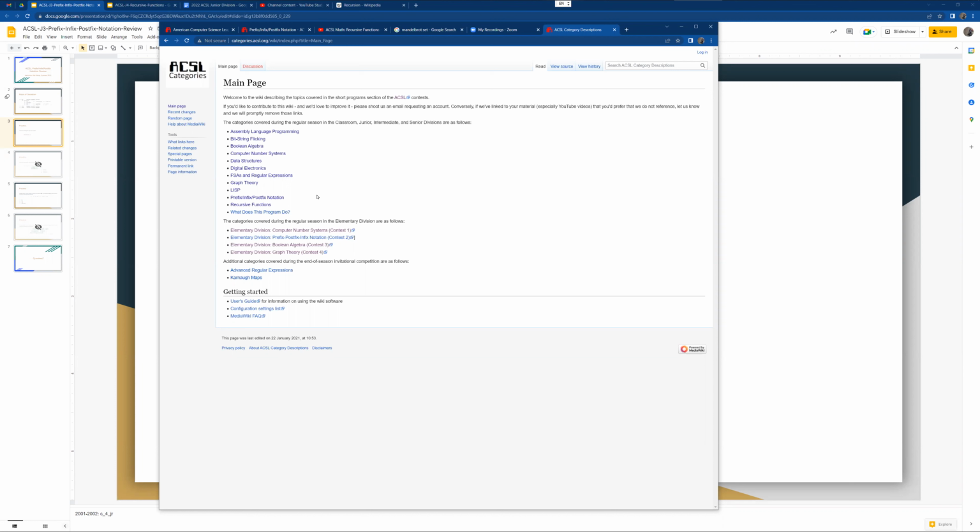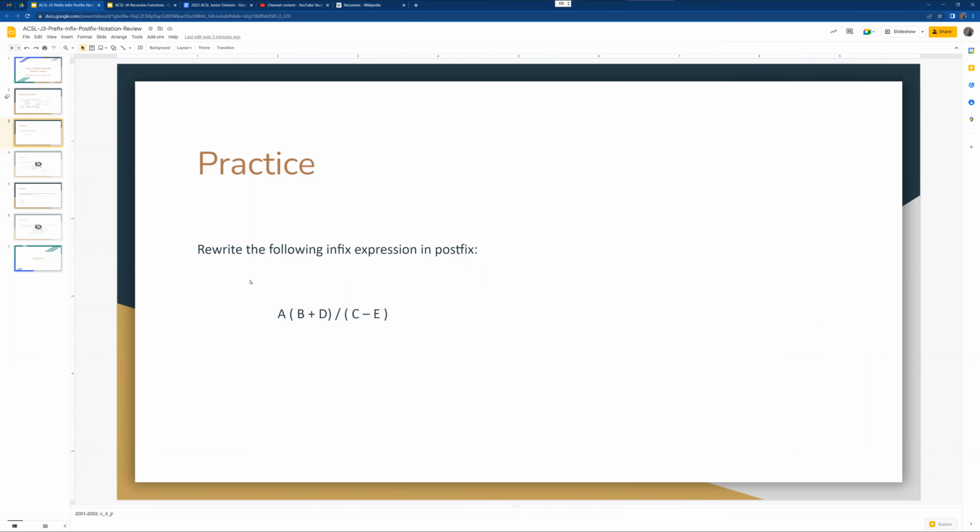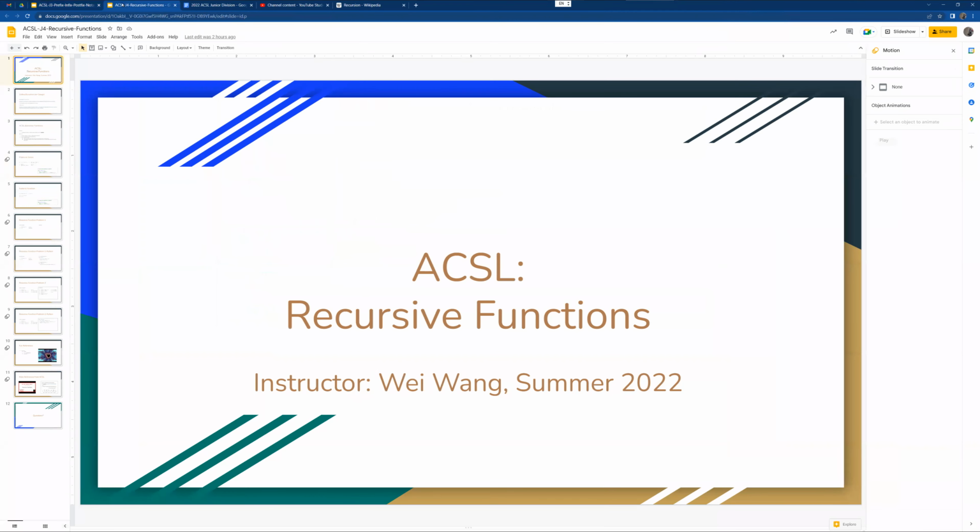So there you can get some exercise, do some practice, and find out more about ACSL. So this is our review of the last time's material, and we continue on.